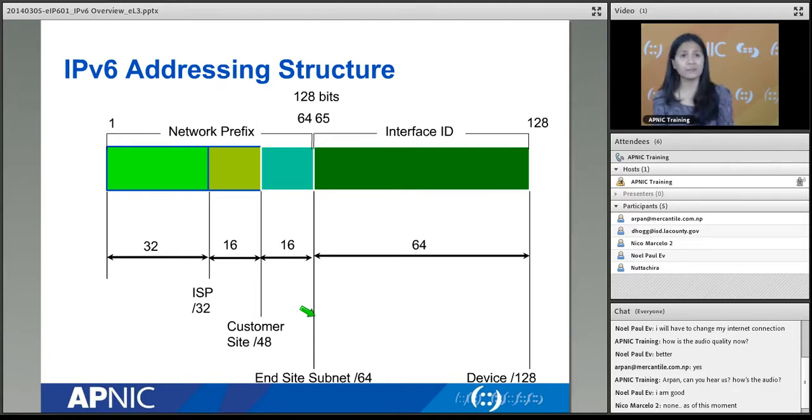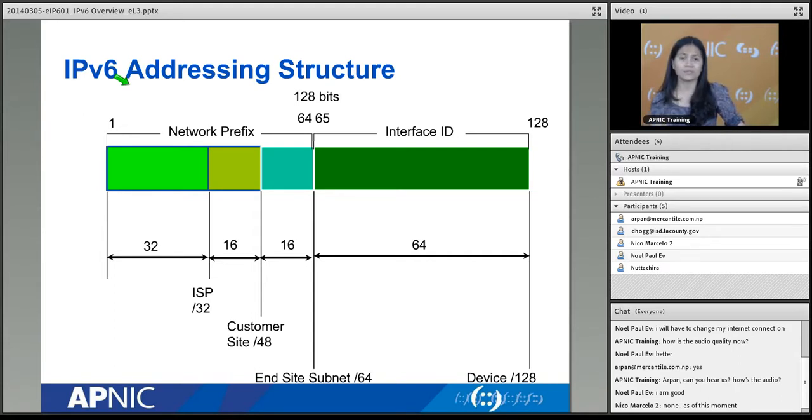Now, this is not negotiable. Okay, with IPv4, we change the values of the network bits and the host bits. You can make the host bits as small as possible, even up to /31, which means you only have one bit extra or 2 bits extra for the host bits compared to your network prefix.